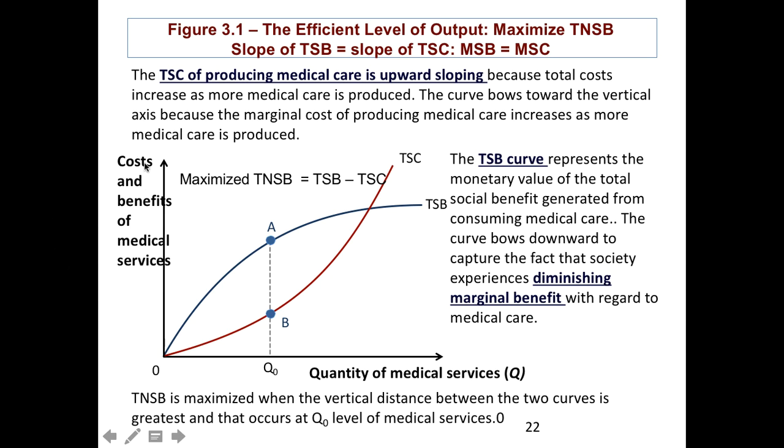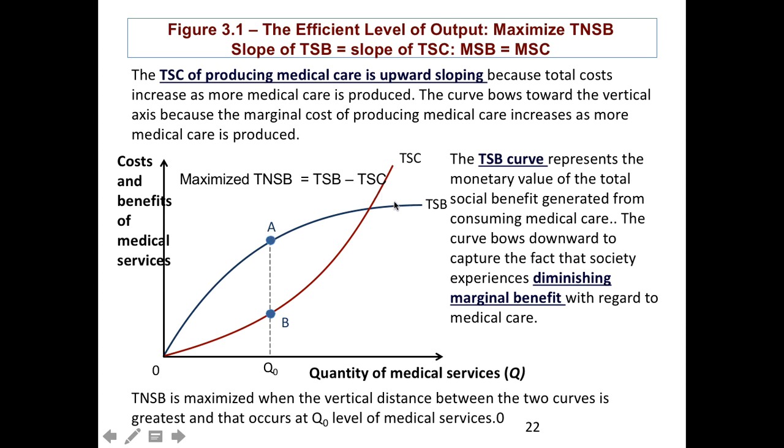Let's start from the beginning. On the vertical axis, we have the cost and benefit of medical services. On the horizontal axis, we have the quantity of medical services. The total social cost of producing medical care is upward sloping, meaning that total cost increases as more medical care is produced.